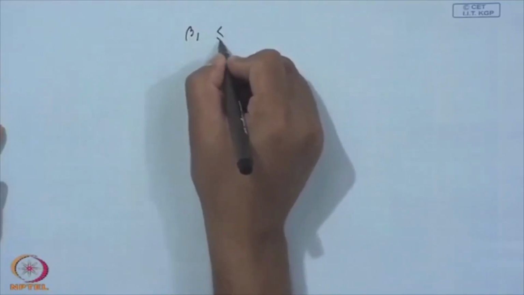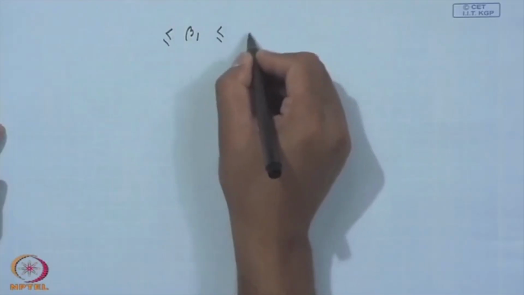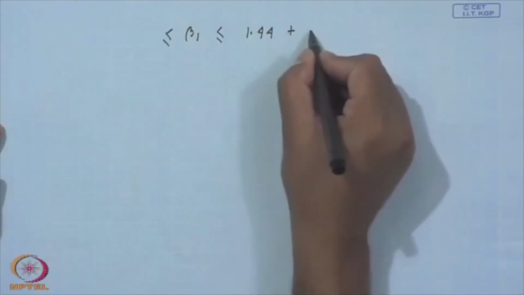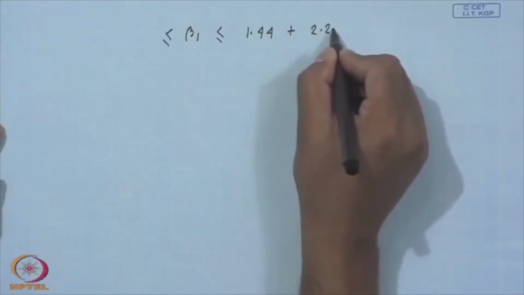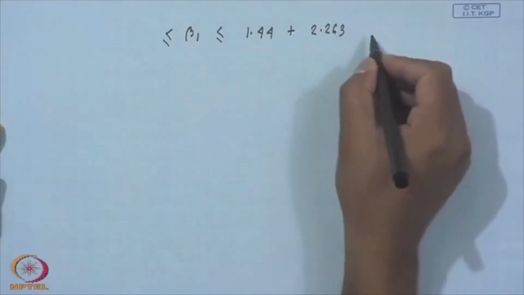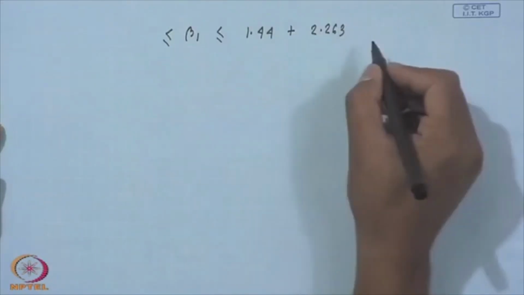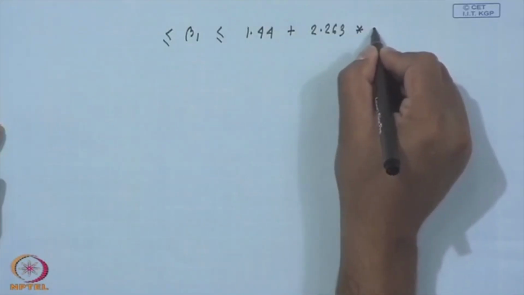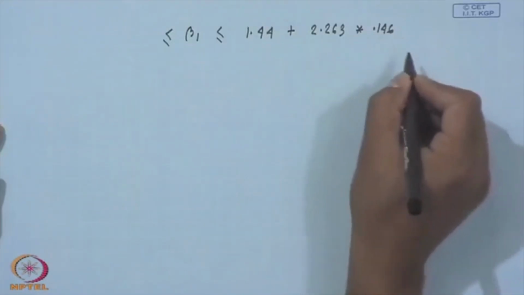Finally, let me put beta 1 hat here. So, this is 1.44 and the t value is 2.263 and the standard error of beta 1 hat is 0.146.